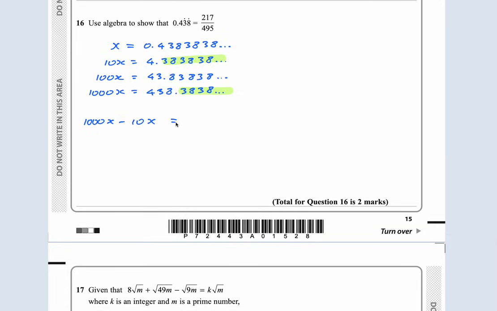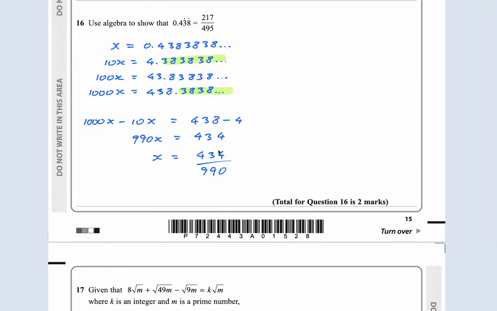And 1000x minus 10x is 438 minus 4, because the decimals cancel each other out. So 1000x minus 10x is 990x. And 438 minus 4 is 434. And then finally, x is equal to 434 divided by 990.